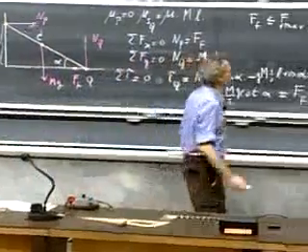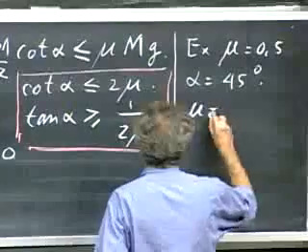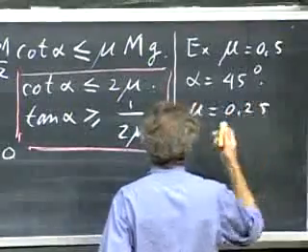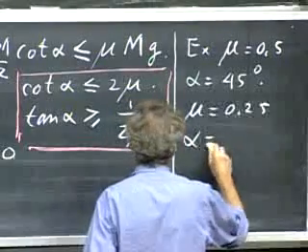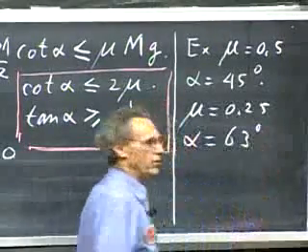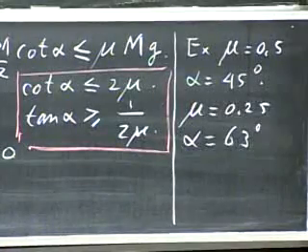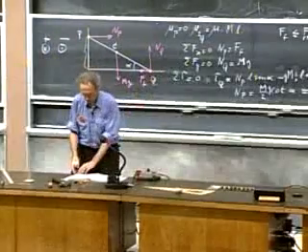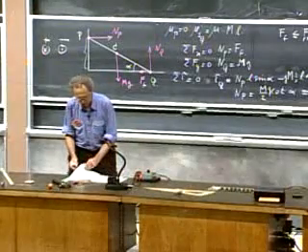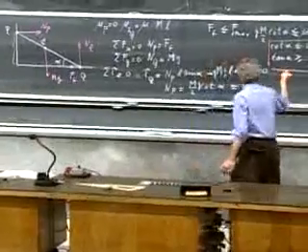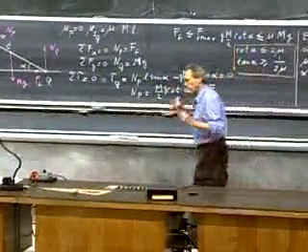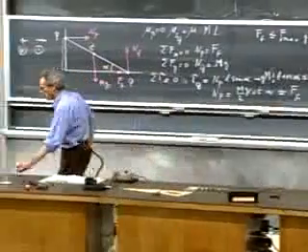If you take mu is 0.25, then the critical angle where it will start to slide is, I think, somewhere near 63 degrees, but you can check that for yourself. So the angle has to be larger than that number for the ladder to be stable. This result is very intuitive, namely that if the angle is too small, the ladder starts to slide.